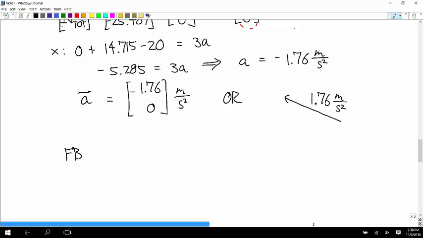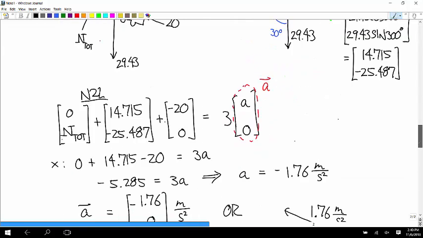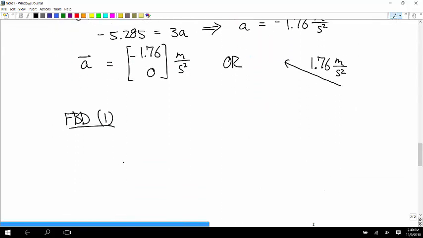So, free body diagram of the 1. Okay, so we have a downward force of gravity, and the magnitude of that is 1 times 9.81, so 9.81 newtons.